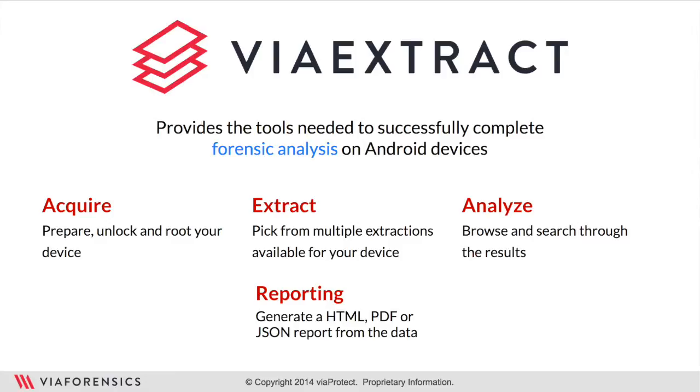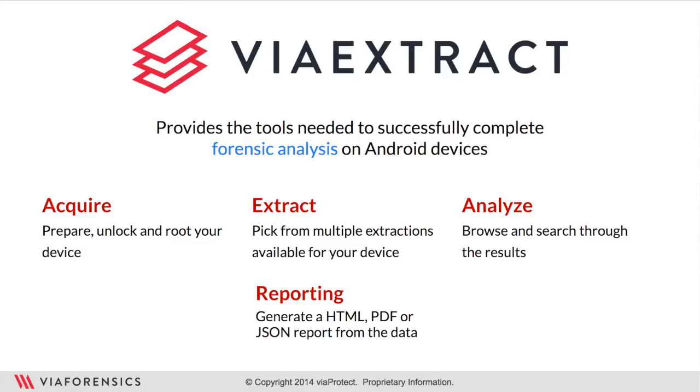Okay, so our viaExtract tool has 4 key points that we believe give you everything you need to successfully complete forensic analysis. The first stage is to acquire the device. That's anything from helping you to enable USB debugging, unlocking the screen lock, and then rooting your device.